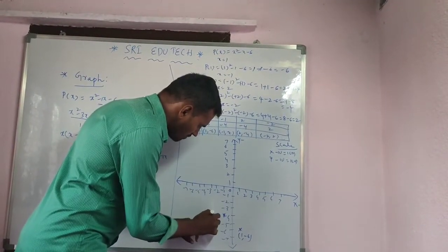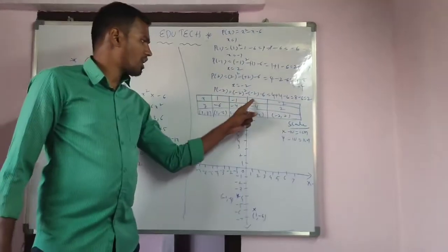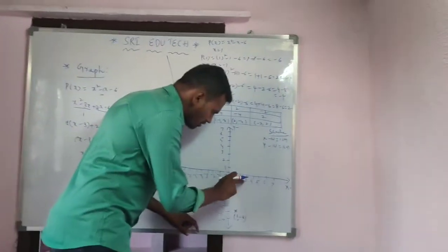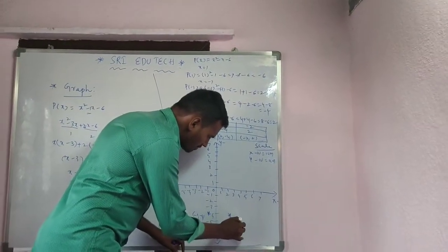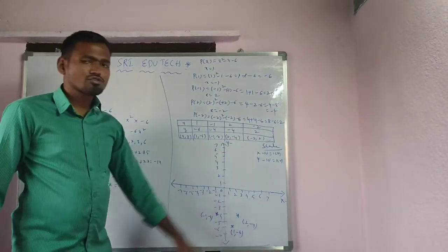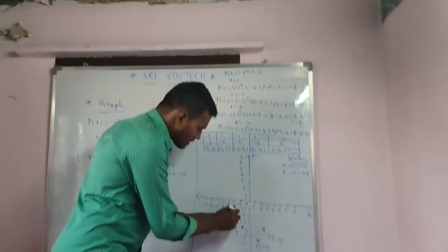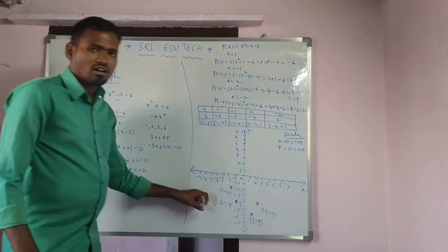Next, 2 comma minus 4, this is 2, this is minus 4, then write 2 comma minus 4. Next, minus 2 comma plus 2, this is minus 2 and this is plus 2, here we write minus 2 comma 2.